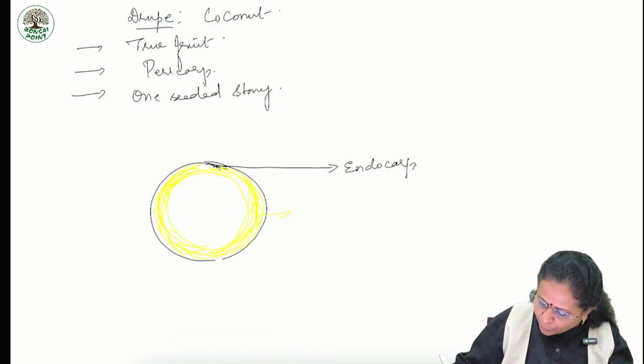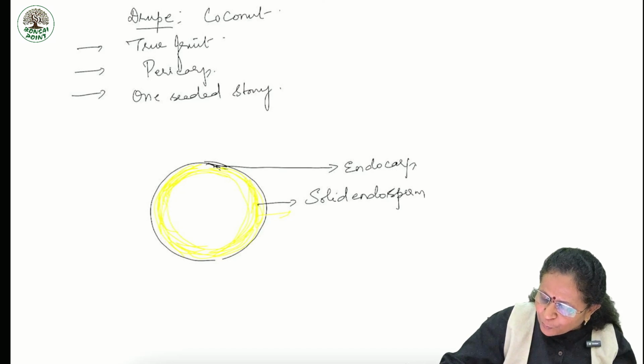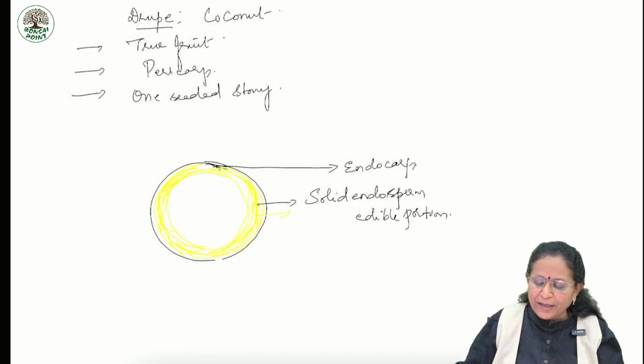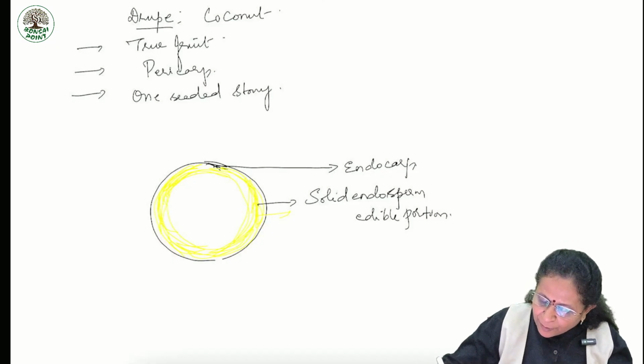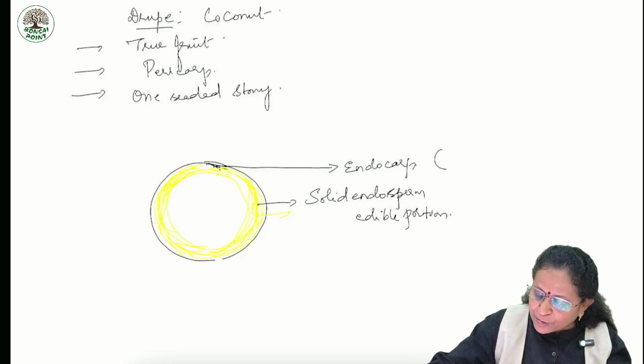Okay. Let me show you. Normally, this portion what I have marked is solid endosperm. This forms the edible portion. Okay. Now, surrounding this, what is this endocarp? How is it? Yes, that is the important point you have to write. It is hard and stony.